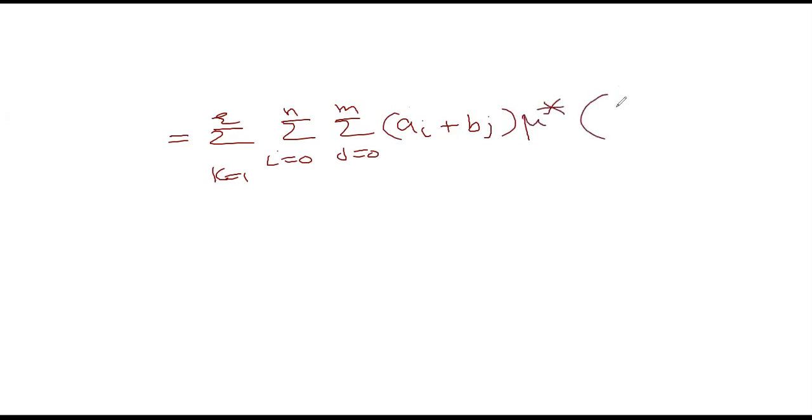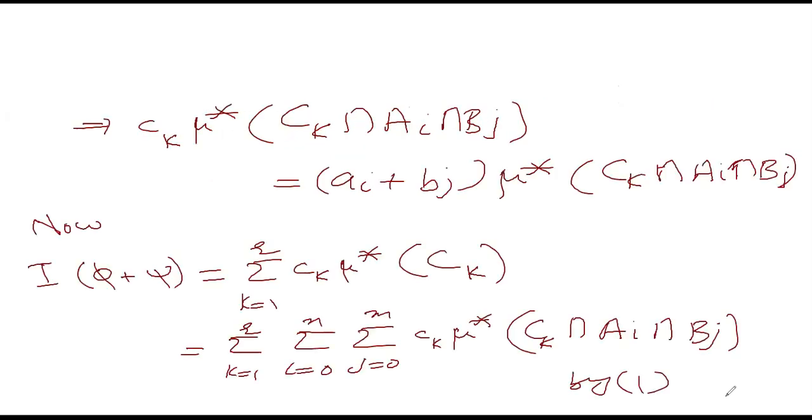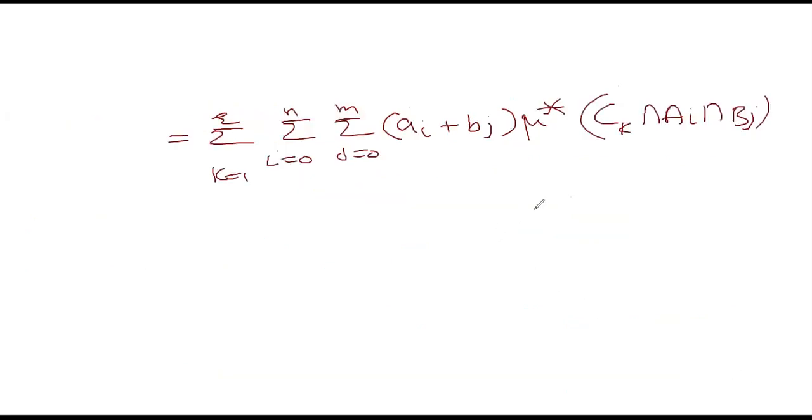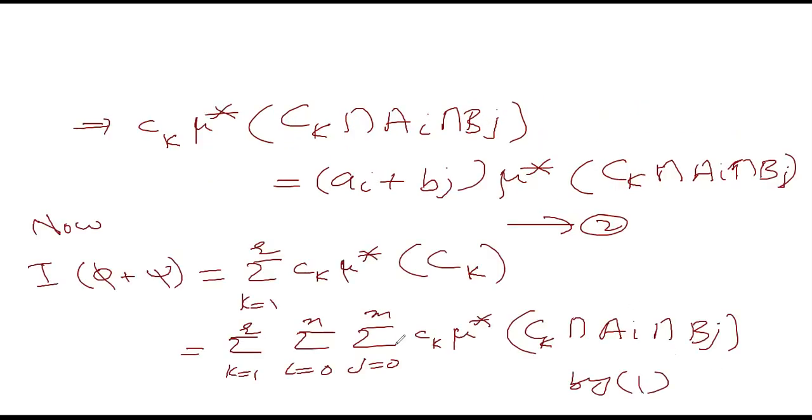Let me name this as second. Here it is ck times that, and that ck is equal to ai plus bj.